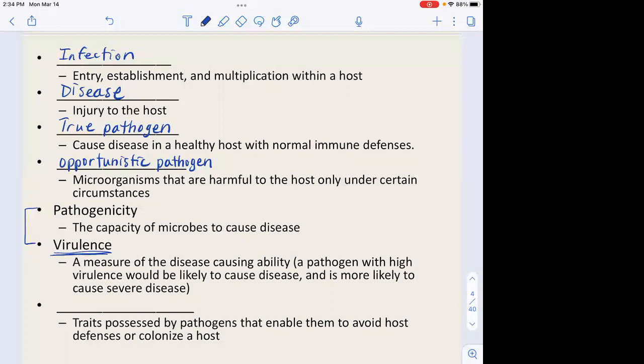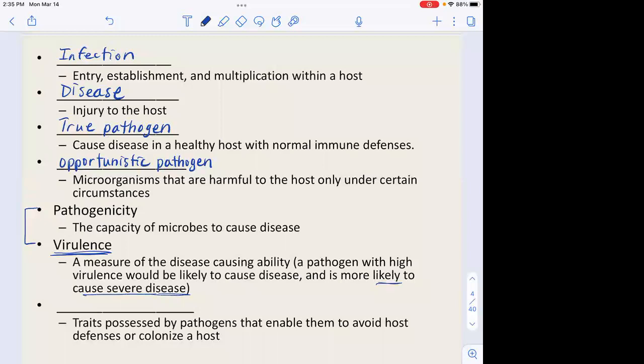That organism has a lot of tools at its disposal to make it successful at causing disease, and that implies that it's more likely to cause severe disease. Because if we say something is avirulent, it's not dangerous at all.